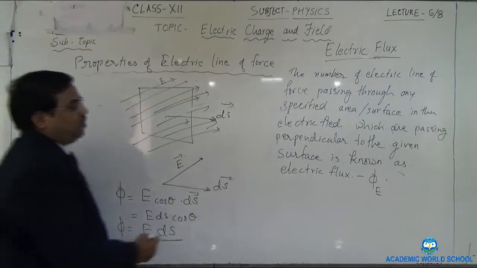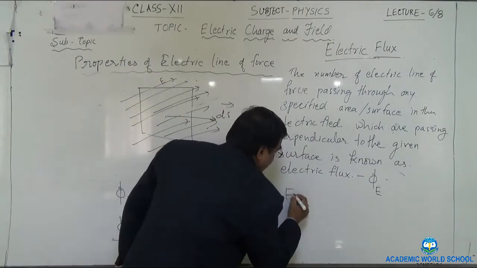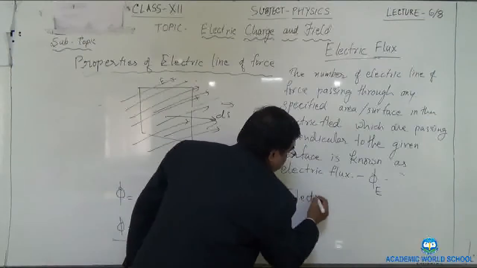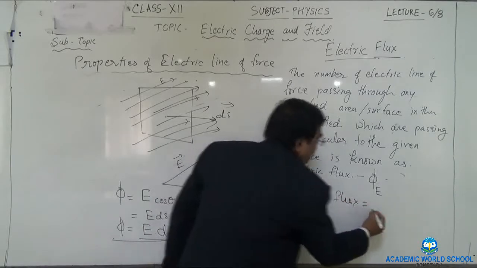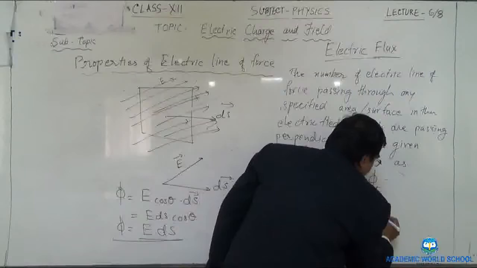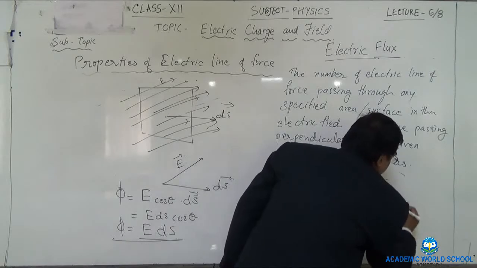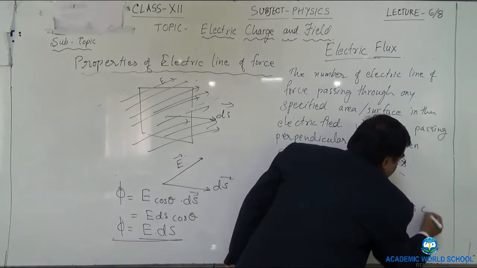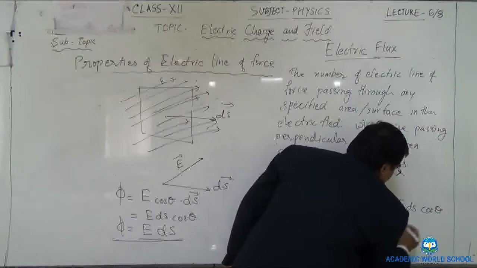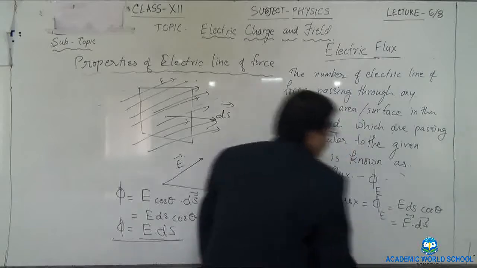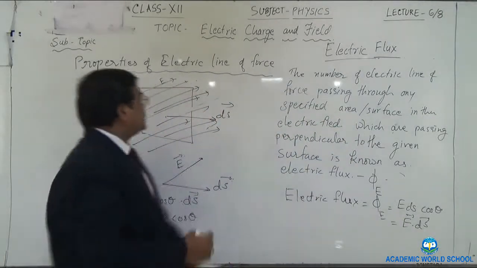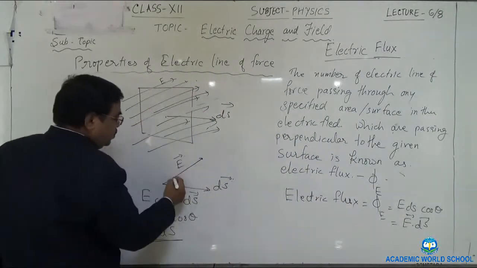This is a flux. So write electric flux phi E, which is equal to E ds cos theta or E dot ds. Theta is the angle between these two.